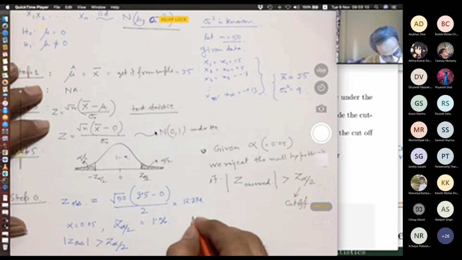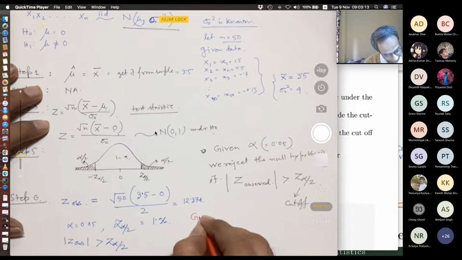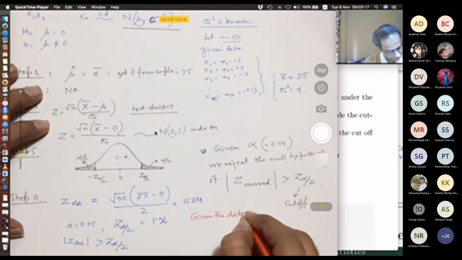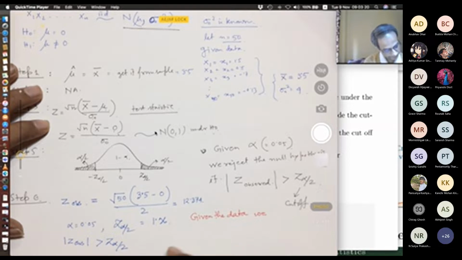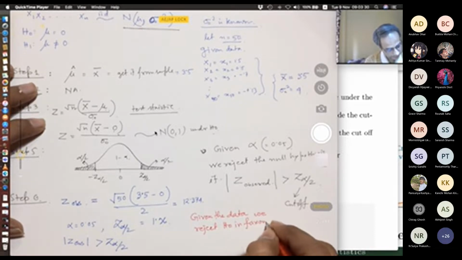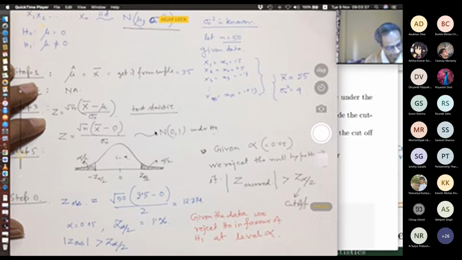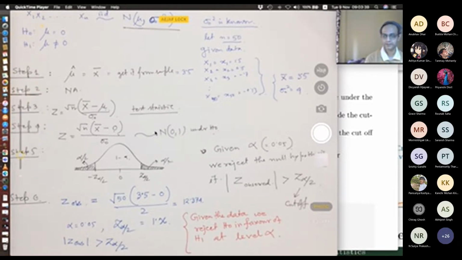Hence, the statement is this. Given the data, we reject H naught in favor of H1 at level alpha. This is a formal statement of a conclusion of a test.